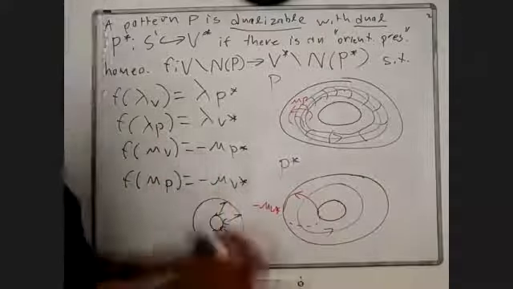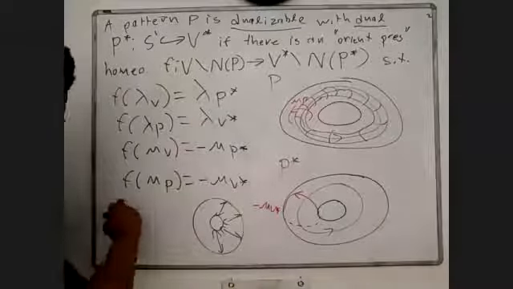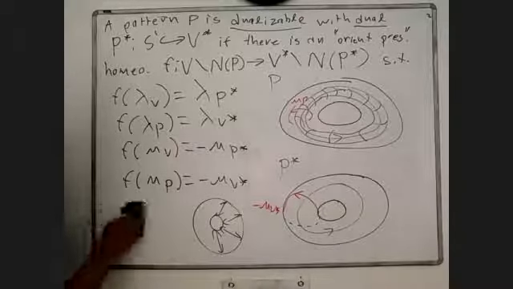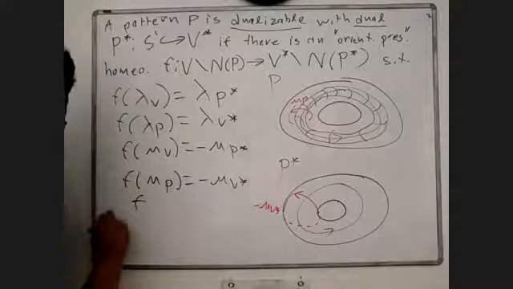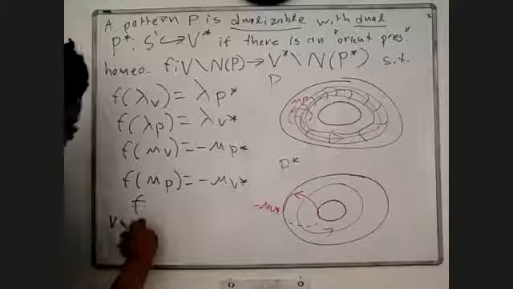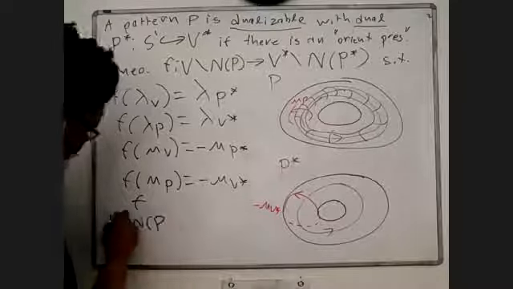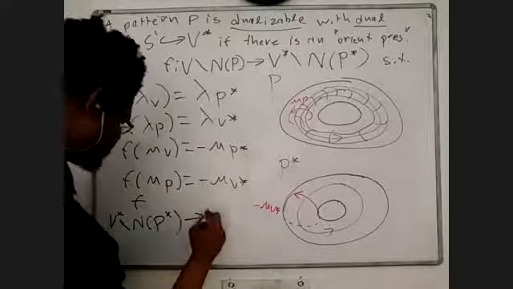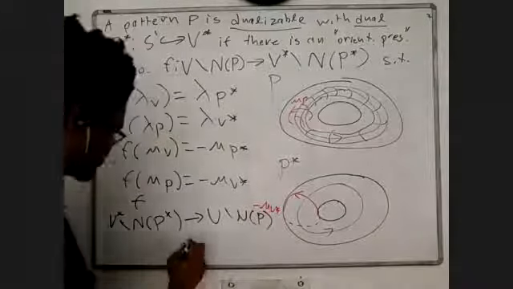If I had two different duals, I have some F going from, let me erase this part, I get an F going from, say, B minus a neighborhood of P star to B minus a neighborhood of P. But I also get another map.